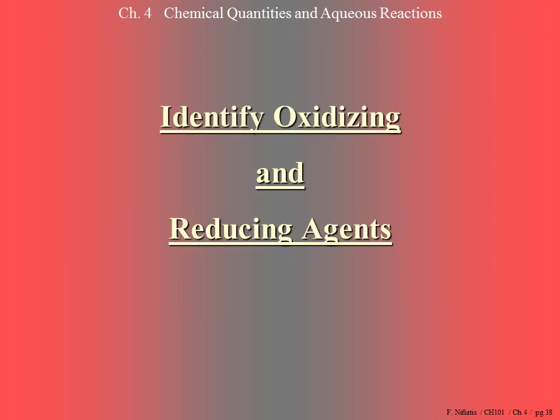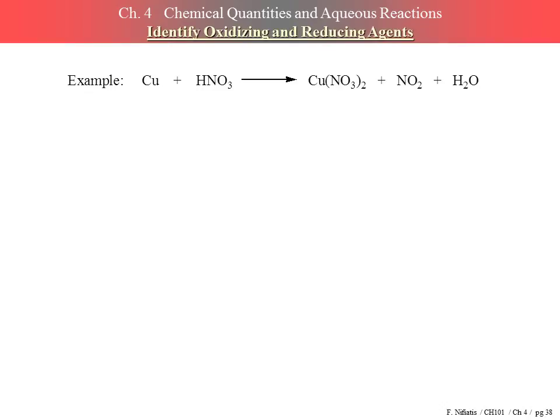Identifying oxidizing and reducing agents. Before you identify the oxidizing and reducing agent, you will need to find the oxidation numbers. Let's start. The oxidation number of the copper is the same as the charge, 0. This is an H+, right?